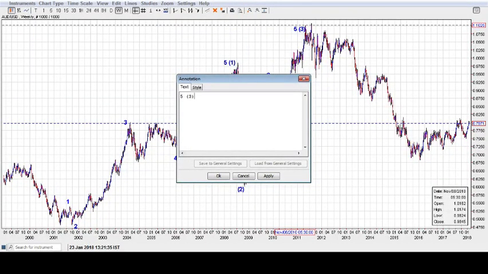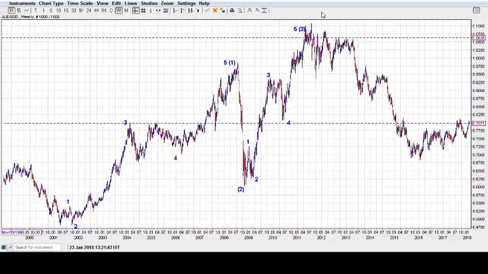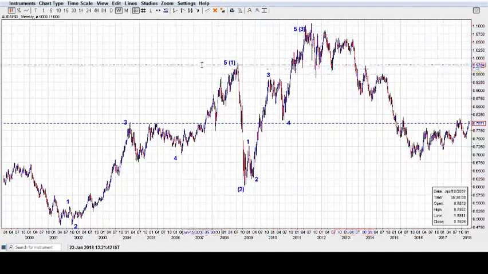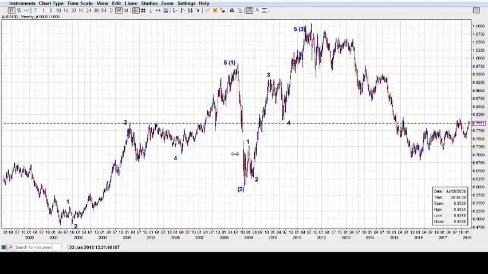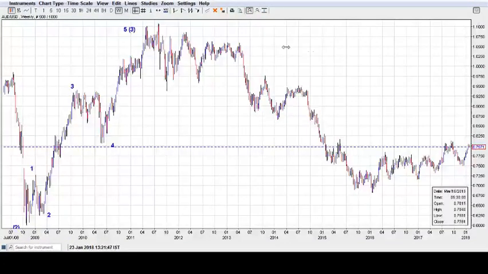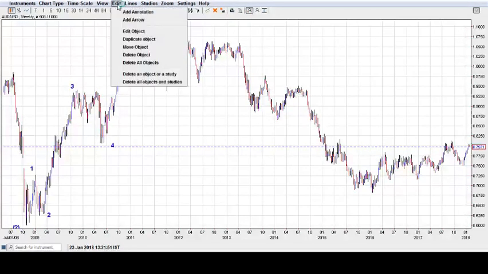We don't claim that to be wave 3, but as the most high probability wave count for now. Now this one cannot be wave 4, we know that, but what has happened until now is that an ABC, right?